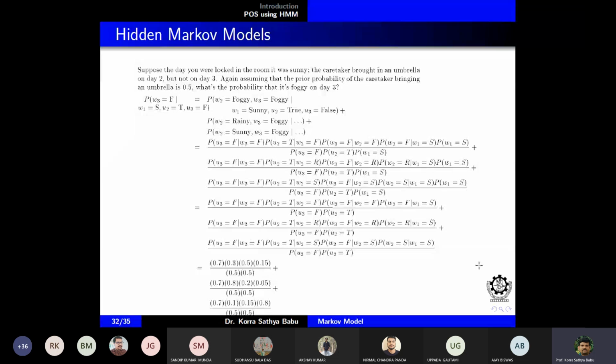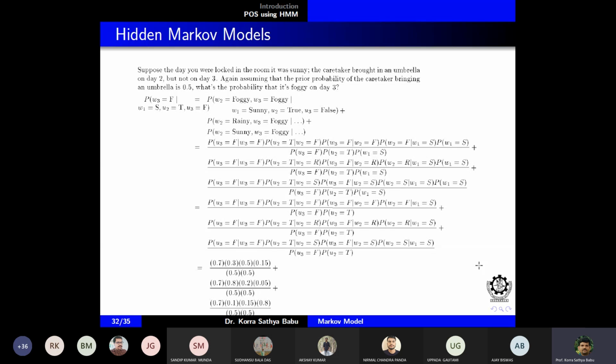Okay, the probability of W2 equal to rainy followed by W3 equal to foggy given W1 equal to sunny, U2 equal to true and U3 equal to false, plus the probability of W2 equal to sunny, W3 equal to foggy. So you are finding out the third probability here. Okay, the probability of W2 equal to sunny. It may be, as I said, sunny, rainy or anything.